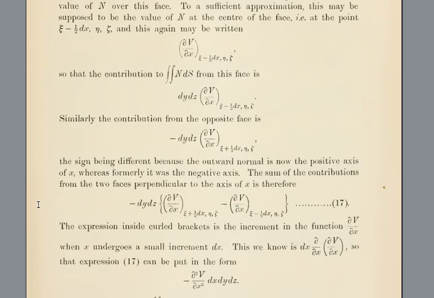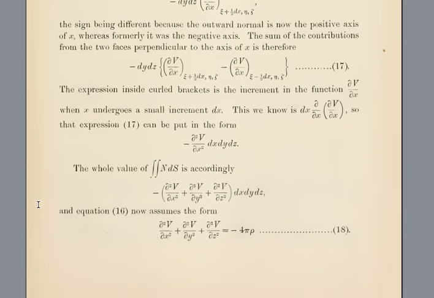The expression inside curled brackets is the increment in the function, the normal component of the electric field, when x undergoes a small increment dx. This we know is dx multiplied by the partial derivative of the normal component of the electric field with respect to x. So that expression can be put in the form partial derivative of the normal component of the electric field with respect to x multiplied by dx multiplied by dy multiplied by dz.